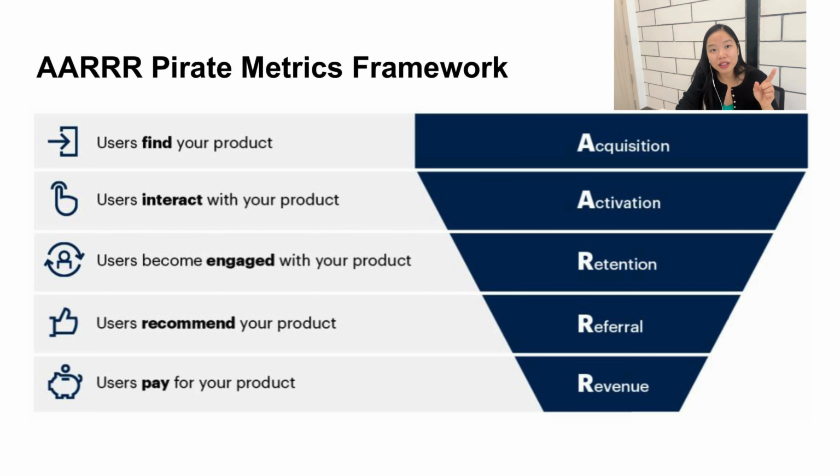Last but not least is the revenue part. This is when you generate the minimum income, when you generate money. And you probably ask me, why is revenue after the referral? Didn't you just say that people make a purchase at the activation part, so revenue should be at activation?